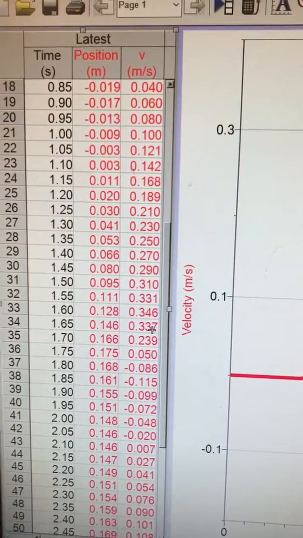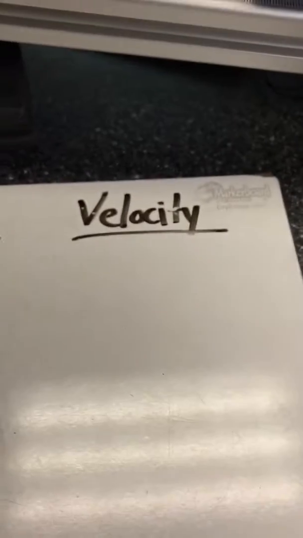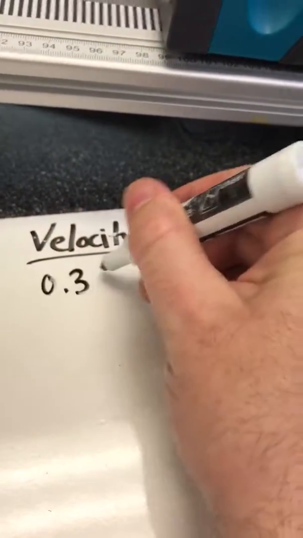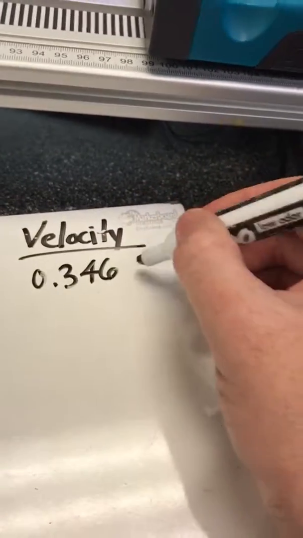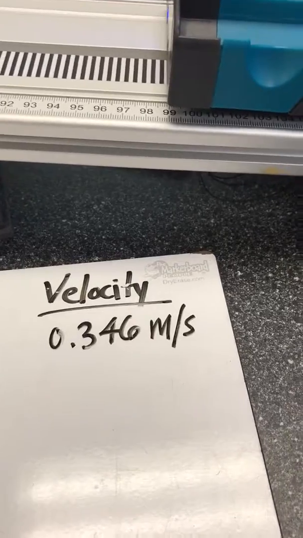Notice that 0.337 is less than 0.346. So let me highlight it. That's the number that I'm going to write down on my table here. So 0.346. Always good to keep your decimal places straight. Always good to get your units straight. And that's meters per second.